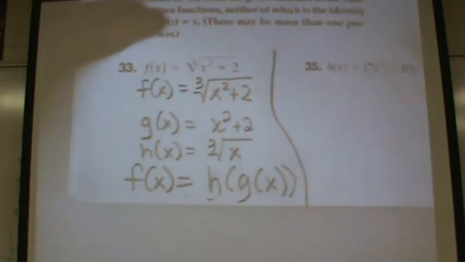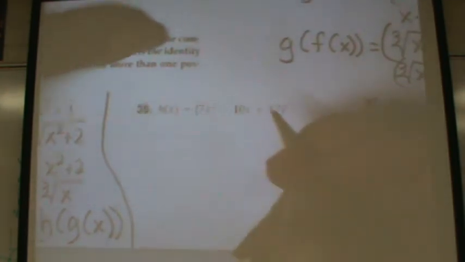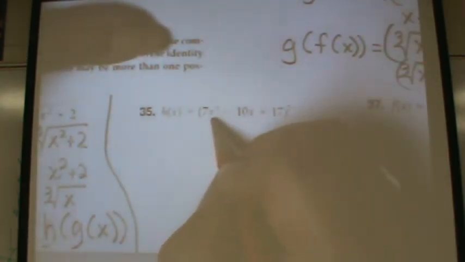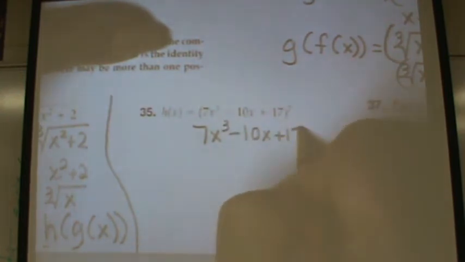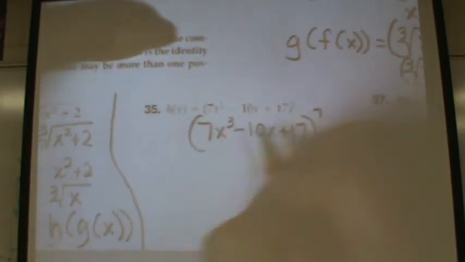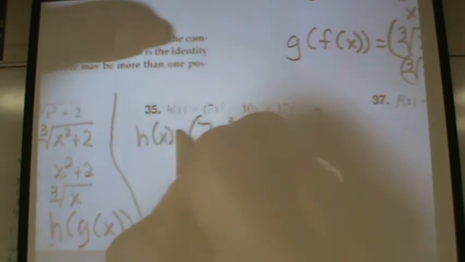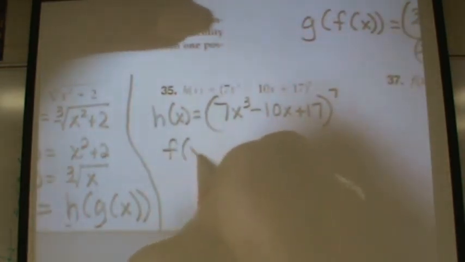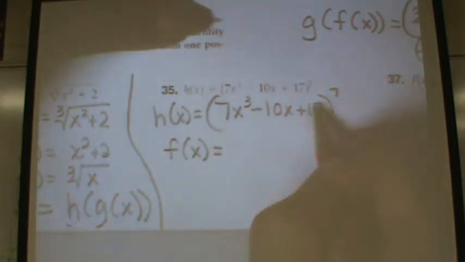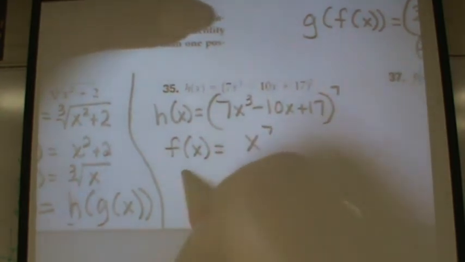So for 35, I think this is 7x cubed minus 10x plus 17. We're going to go with this to the 7th power. We're going to split this. So we're going to call f of x something to the 7th power, x to the 7th power.